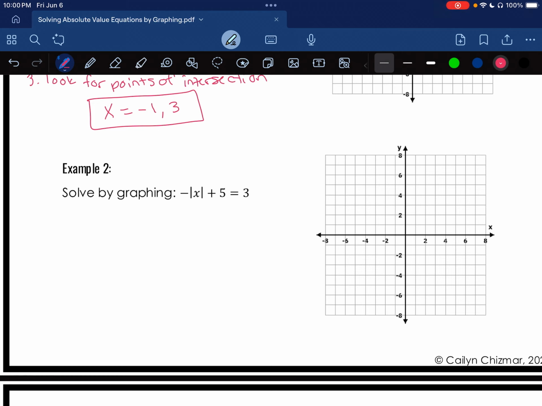All right, so next one. Following the same thing, we're going to graph the left-hand side and right-hand side separately. So we'll start by graphing negative absolute value of x plus 5. That plus 5 shifts my graph up 5, and the negative outside the absolute value reflects this in the x-axis. So this is flipped over like so.